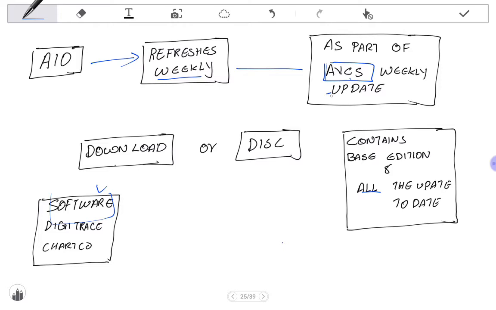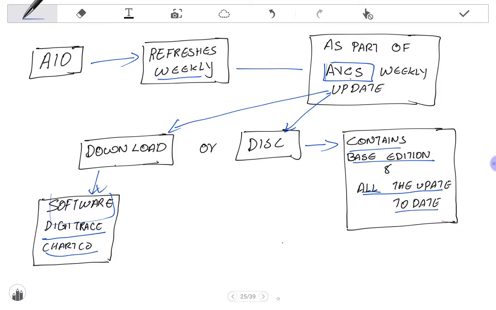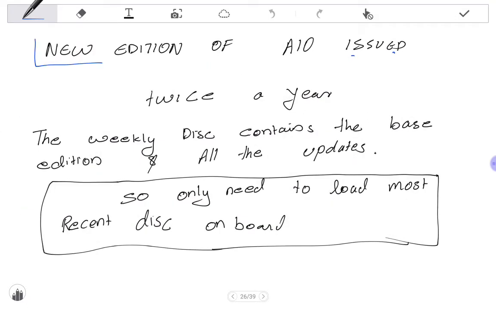This update can be obtained either by disk, or we can download this information using software like Digitrace and Chartco. The disk contains the base edition and all the updates till the day the disk is produced. Okay, so it is very important.